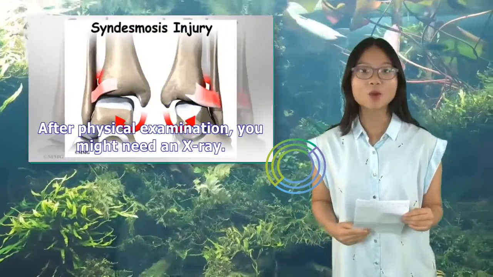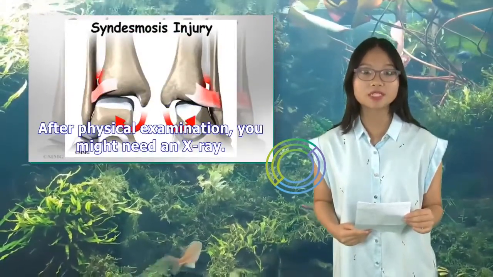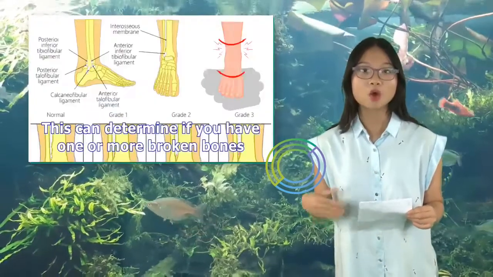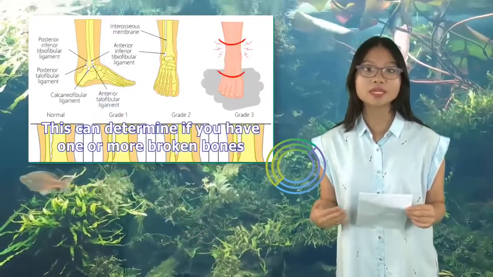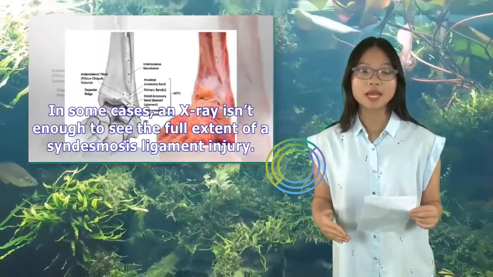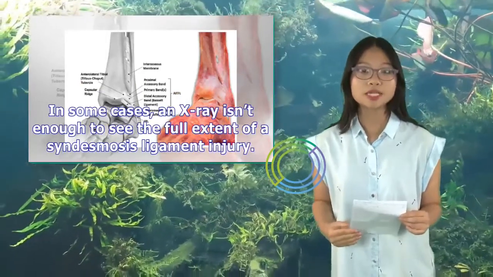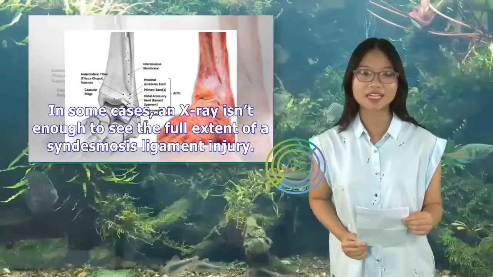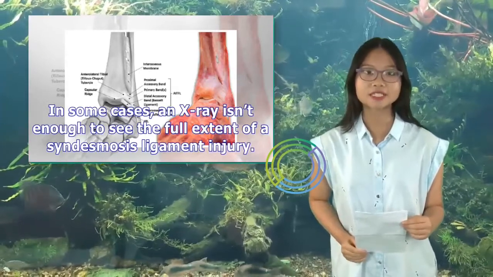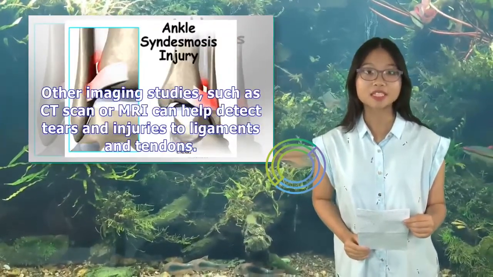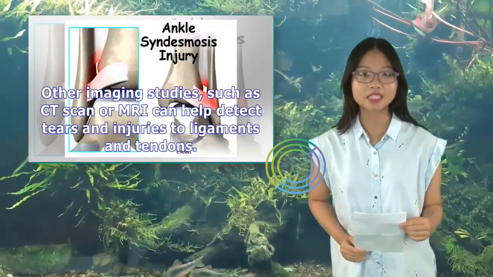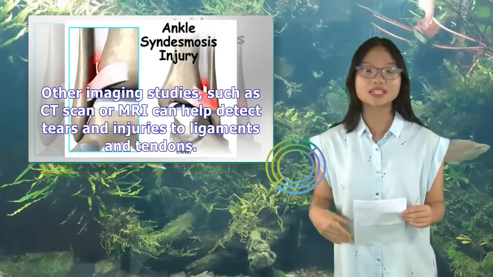After physical examination, you might need an X-ray. This can determine if you have one or more broken bones. In some cases, an X-ray isn't enough to see the full extent of a syndesmosis ligament injury. Other imaging studies, such as CT scan or MRI, can help detect tears and injuries to ligaments and tendons.